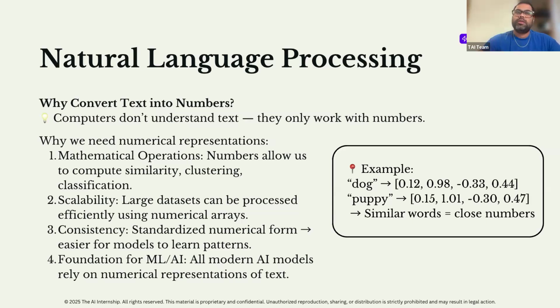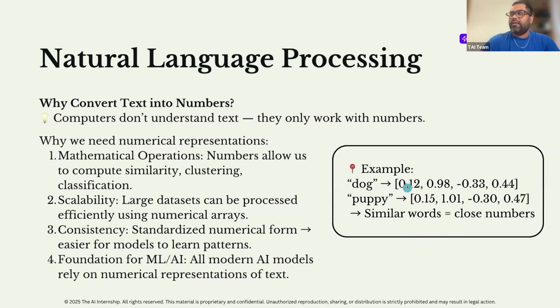Those are the reasons that make the case for representing natural language text as numbers. On the right hand side, there's an example of what a numeric representation of a text looks like. The word dog is an array of numbers.